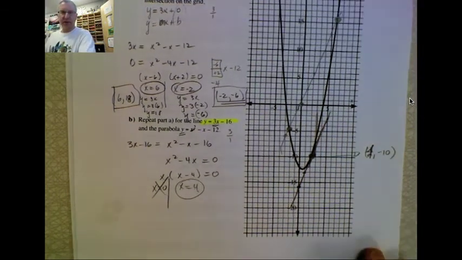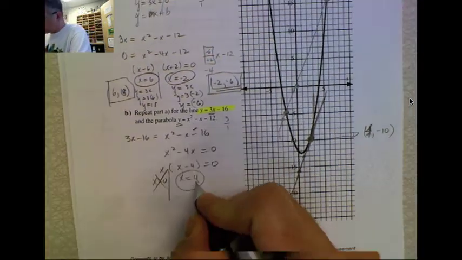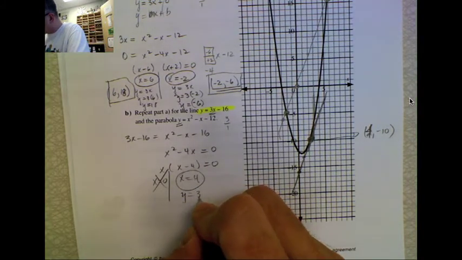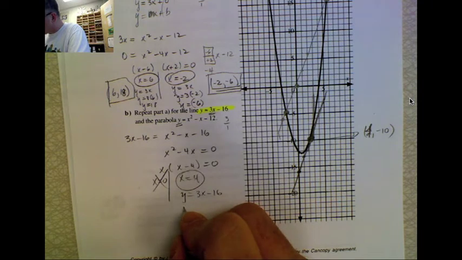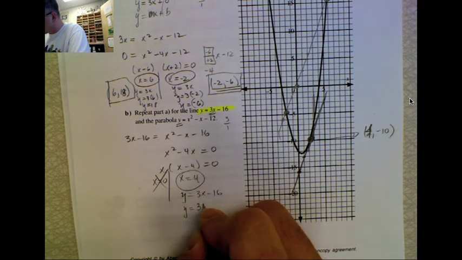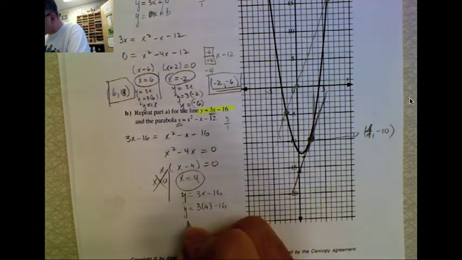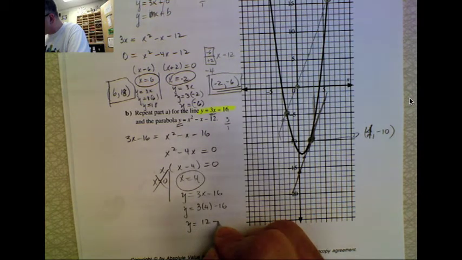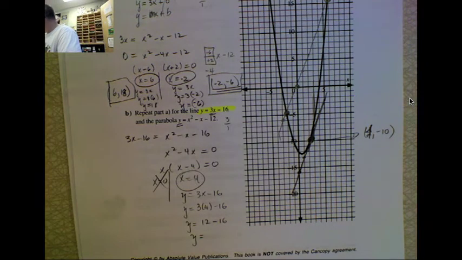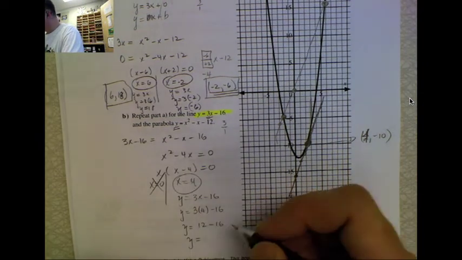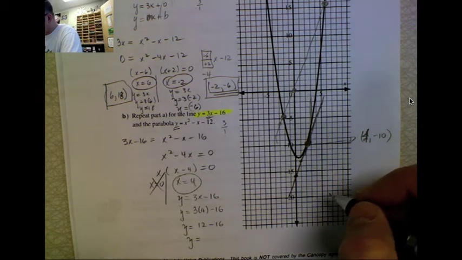And negative 10. So if I now solve for y, if I take y equals 3x minus 16, if I plug 4 in for x, what I'm going to end up getting is 12 minus 16, which ends up giving me, hold on, something's wrong here.